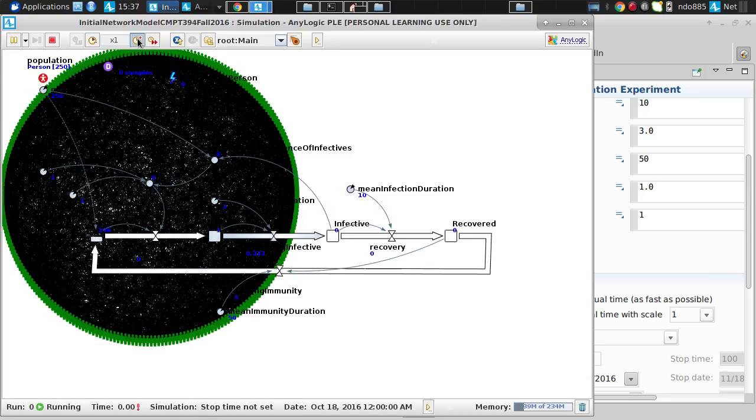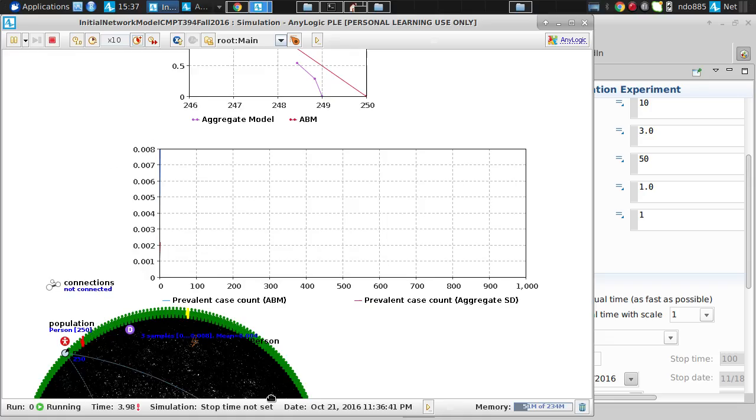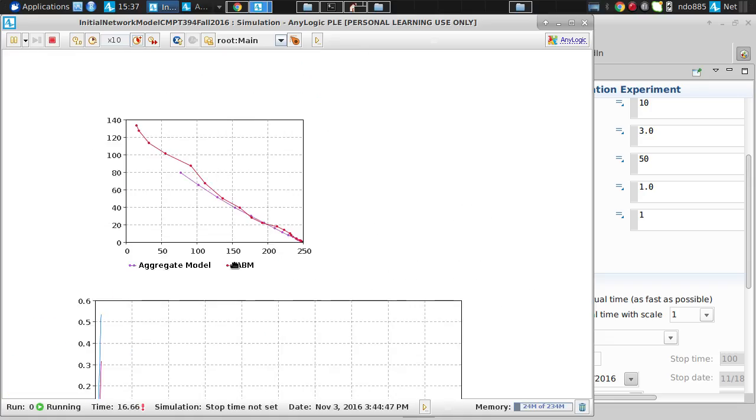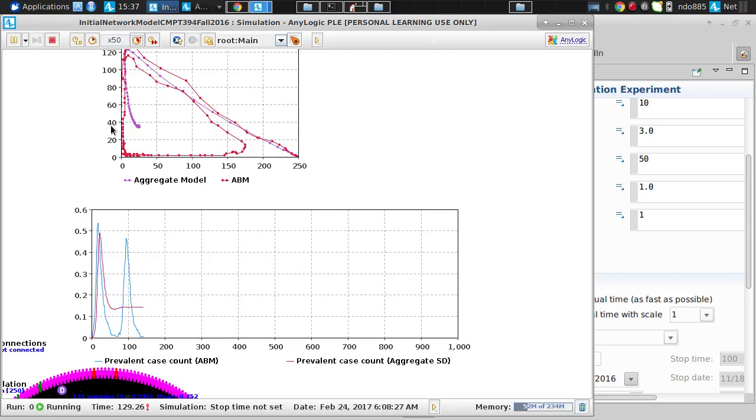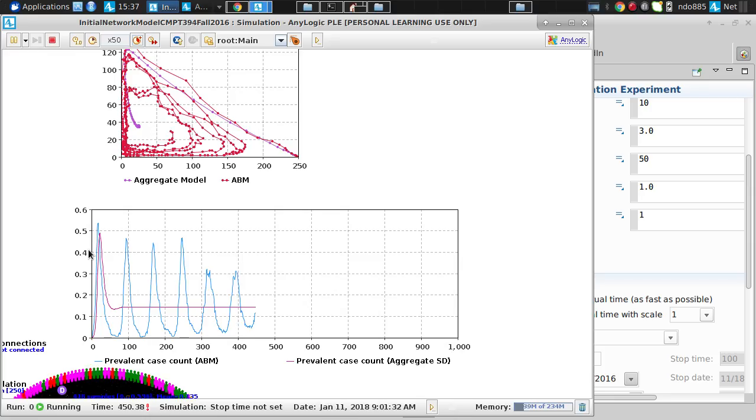It's another interesting phenomenon, and one for which I don't have a ready, immediate explanation. It's an observation. Ladies and gentlemen, you notice as it runs, it loops in closer. Look at the initial swings here, in terms of fraction infected.